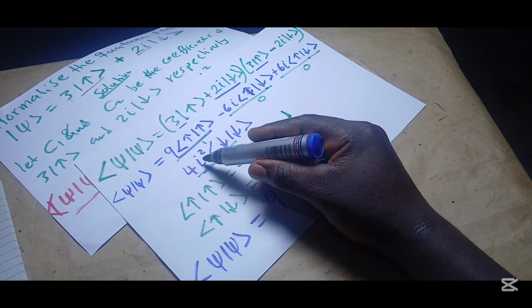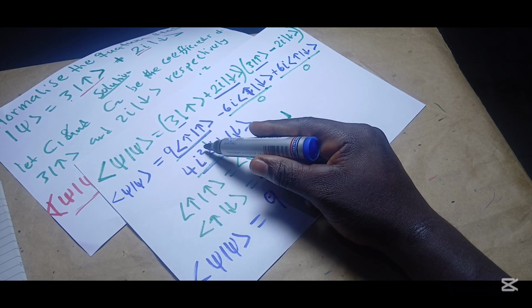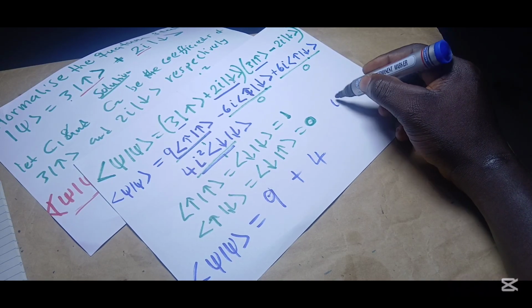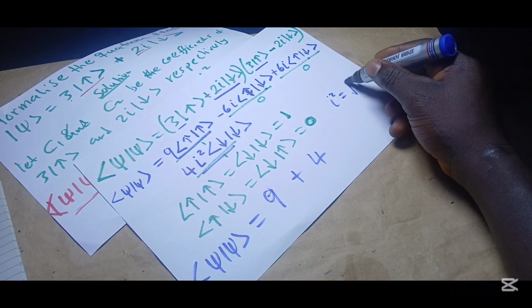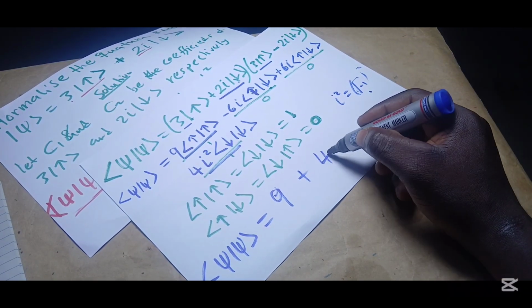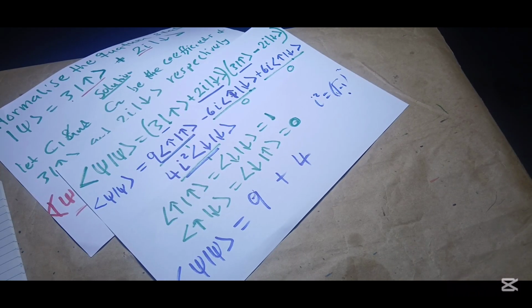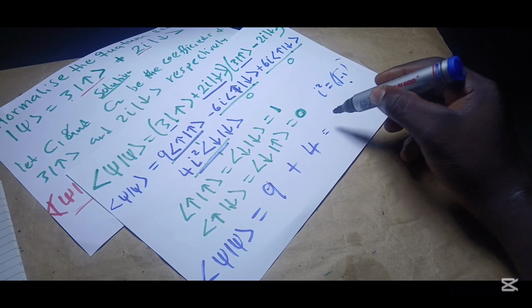Even though we have this term here to be 4i squared, we know that i squared will be equal to square root of minus 1 all squared, giving us minus 1, which will affect 4, but we are interested in positive values. So this is going to give us 9 plus 4, which is 13.